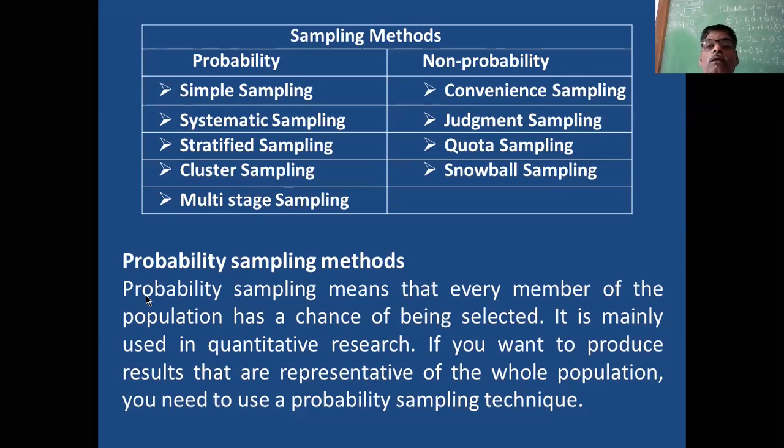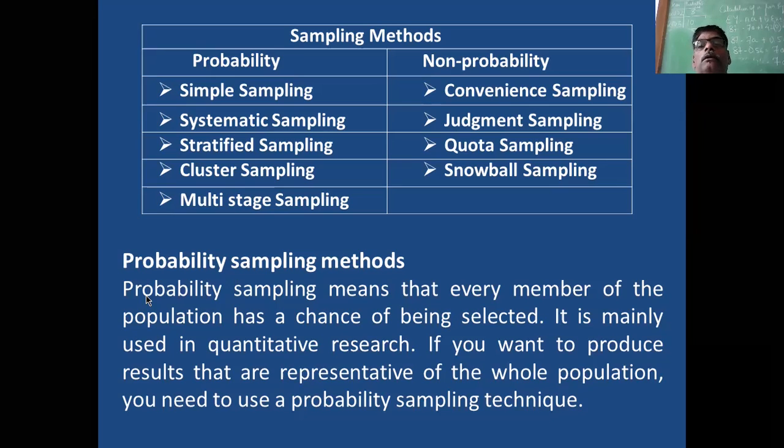Okay, remember 2 points regarding probability sampling. In the probability sampling, each member of the group or of the population has a chance of being selected as a sample member. Okay, that is the first one.